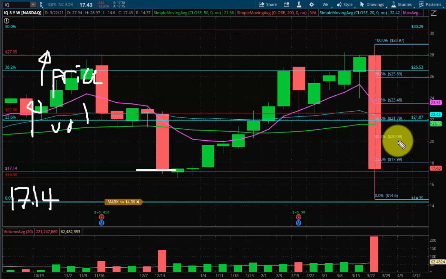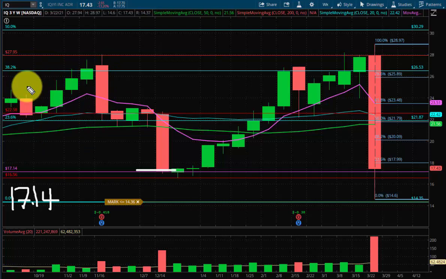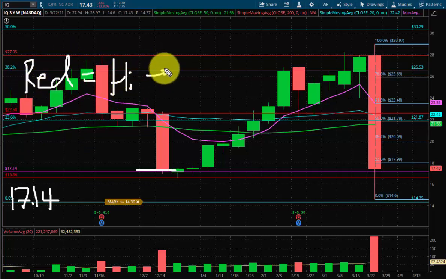We don't need to focus on smaller moves. We can look for bigger moves with smaller sizes and still make a decent amount. So for IQ, since it's a red candle, you go high to low. If it was a green candle, we'd go low to high. So again, red weekly candle, high to low. That's how we draw them.